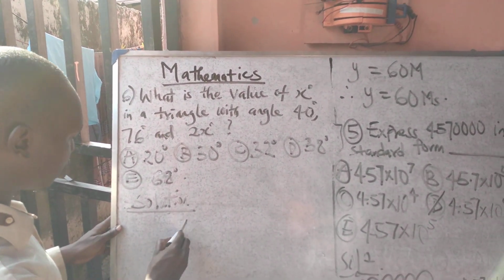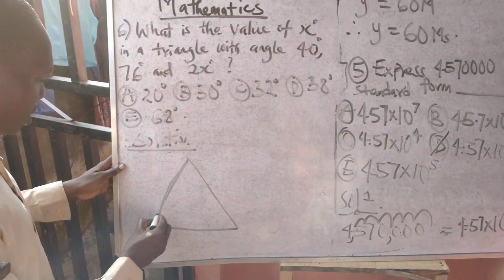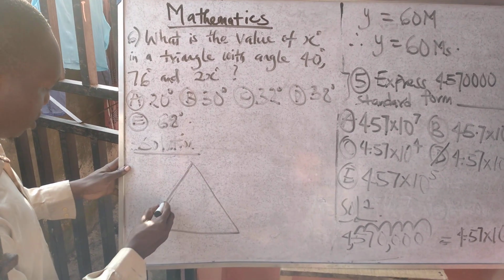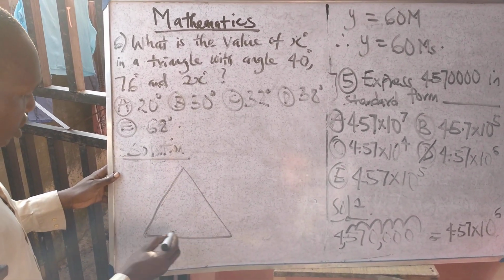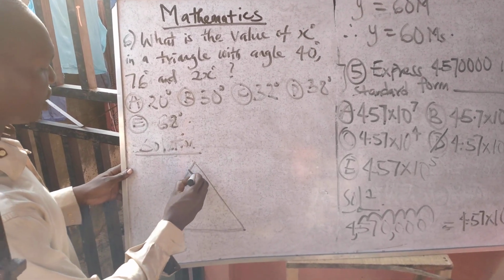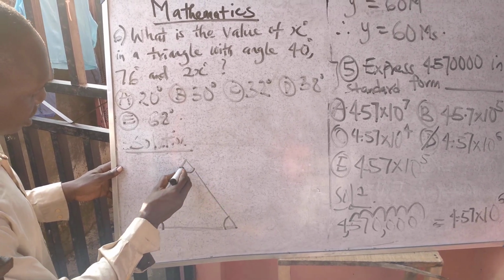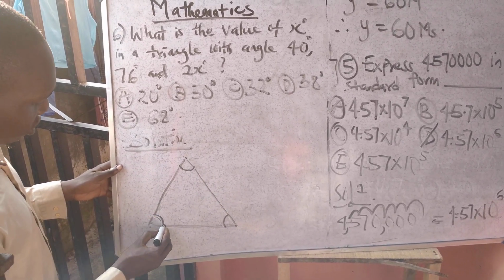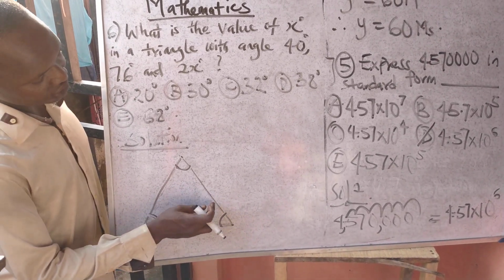Now, a triangle has 3 sides. And at each of these vertices there are angles. Angles are inclined here, and here. So the angle is inclined with respect to these 2 sides.